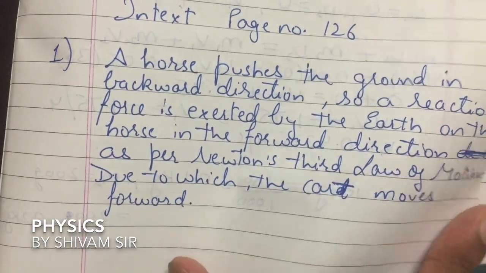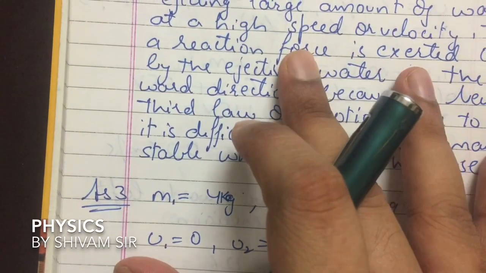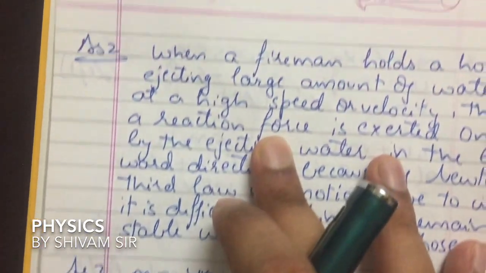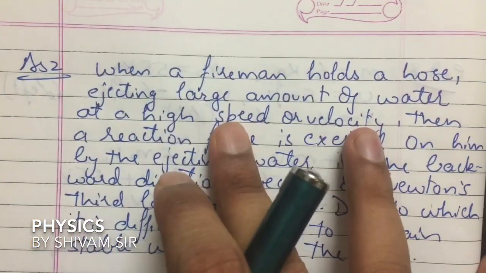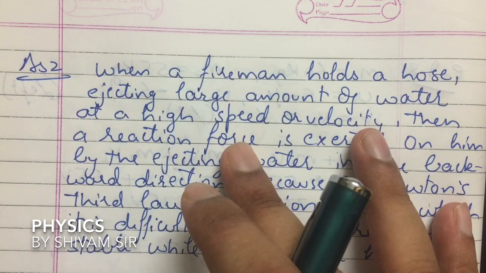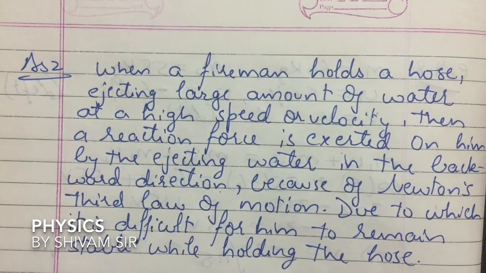So next question: explain why it is difficult for a fireman to hold a hose which ejects large amount of water at high velocity. So a hose is that pipe of water which is ejecting a lot of water. So it becomes difficult for a fireman to hold that pipe because the water is coming out at a high velocity.